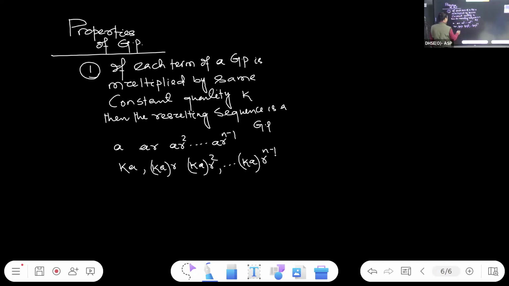Here the ratio of the second term and first term is R. Ratio of the third term and second term is R. Ratio of the nth term and n minus 1 term is R. So common ratio is maintained and the sequence is a GP.